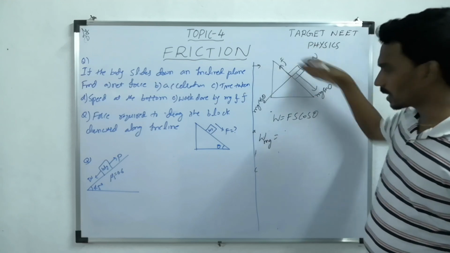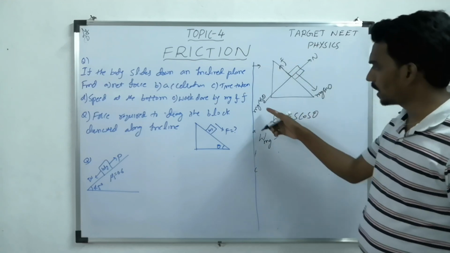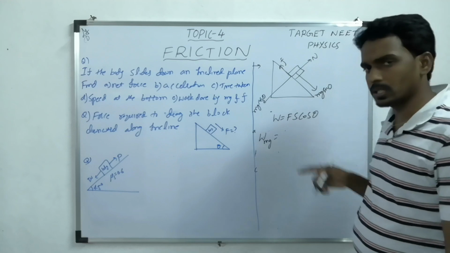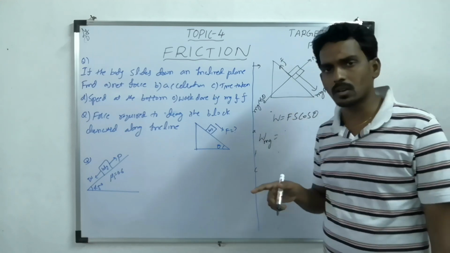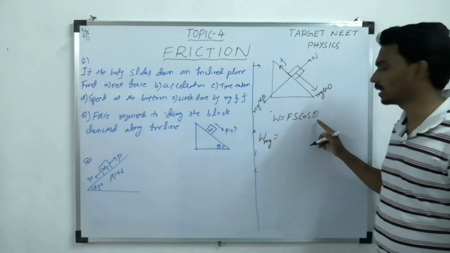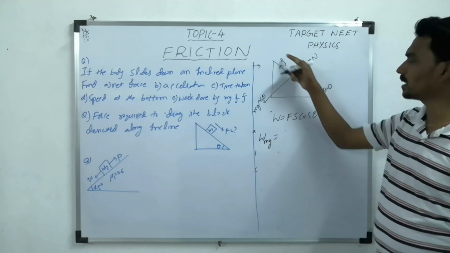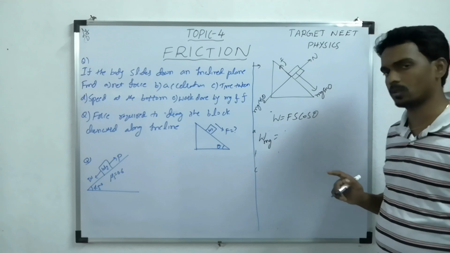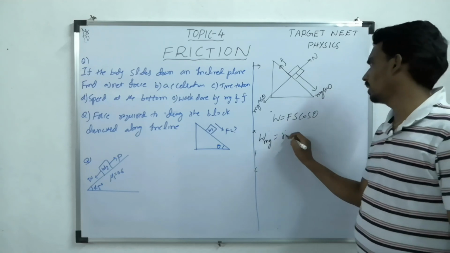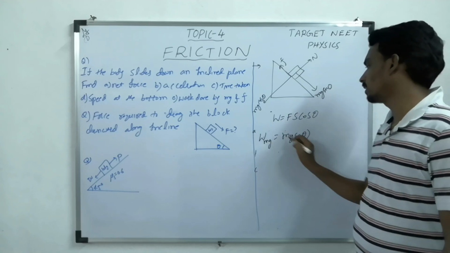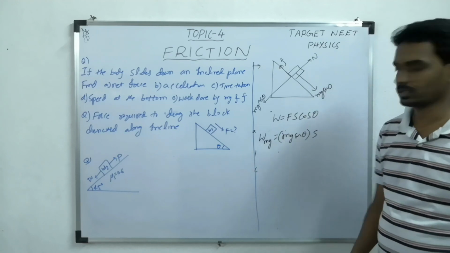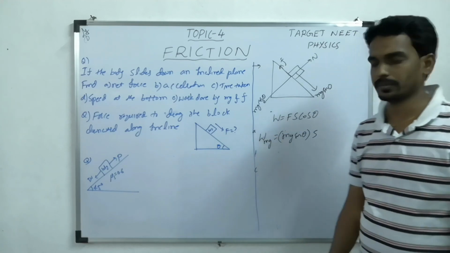Displacement is along the incline s, but mg cos theta is perpendicular to displacement. So the work done by mg cos theta is 0, because theta is 90. The work done by mg sin theta is along the displacement, so theta is 0, cos 0 is 1. So mg sin theta times s. This is the work done by mg.